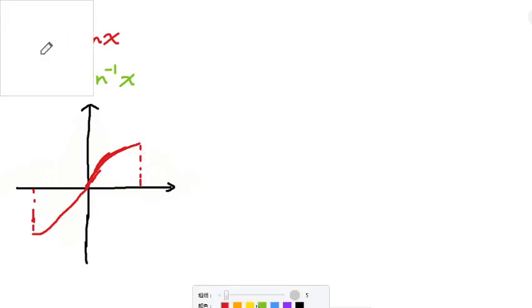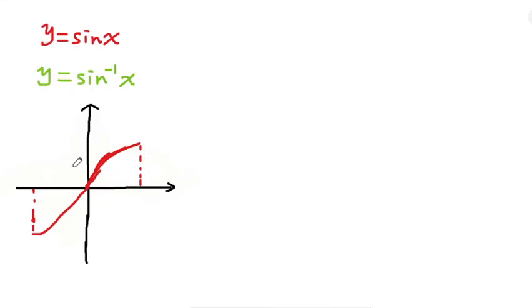Then let me use the green one to denote the sine inverse. Sine inverse is from minus 1 to 1, and the range will be from minus pi half to pi half. Let me just show.